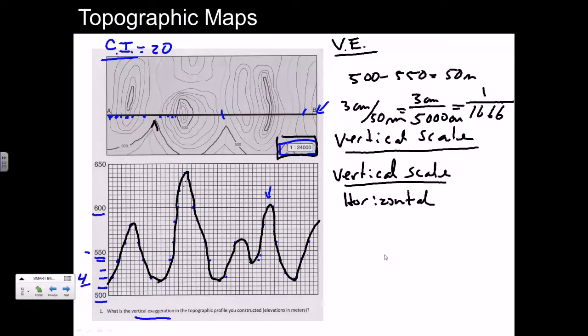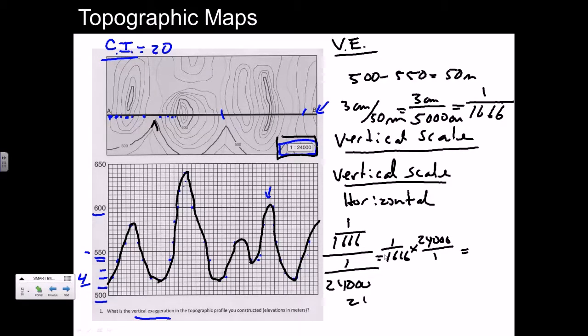So it looks like this when you write it out: 1 over 1,666 divided by 1 over 24,000. Okay, so this simplifies into this relationship: 1 over 1,666 times 24,000 over 1, which is equal to 24,000 divided by 1,666, which is equal to, do the math, 14.4 times.